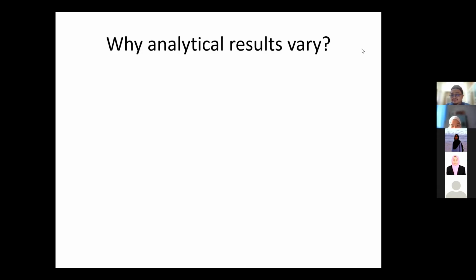Okay, Azam, do you want to share with us what have you written? Yes, doctor. Okay, I think maybe the analytical result can vary due to human error. Okay. Can you be more specific? Give example. Like maybe there's contamination happen when the collection of specimen.